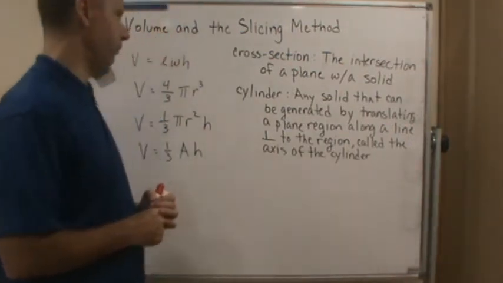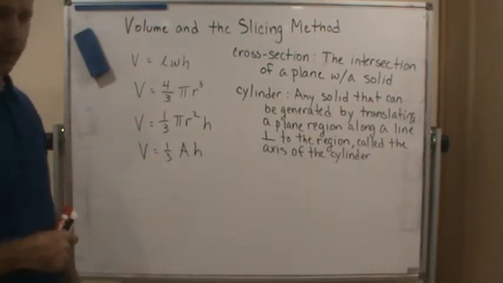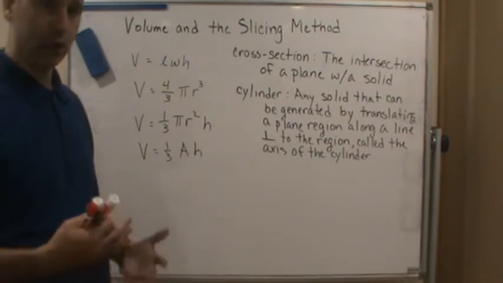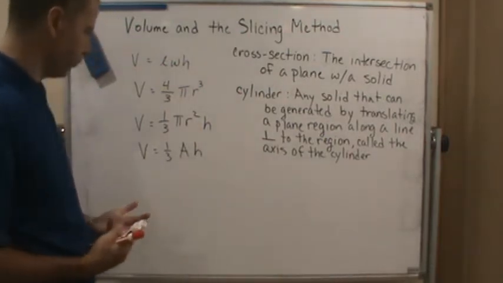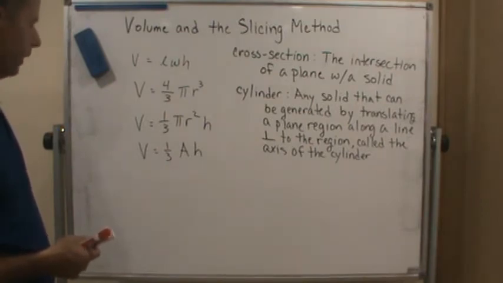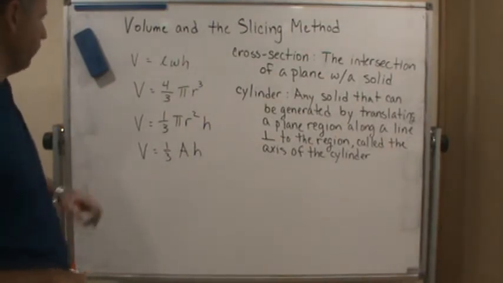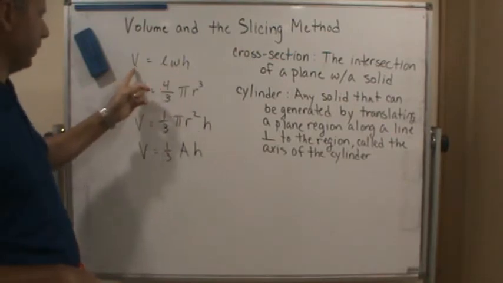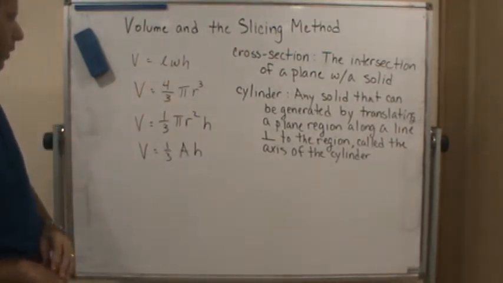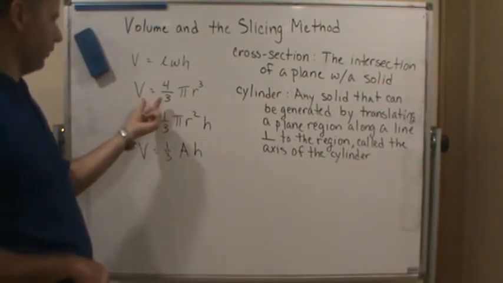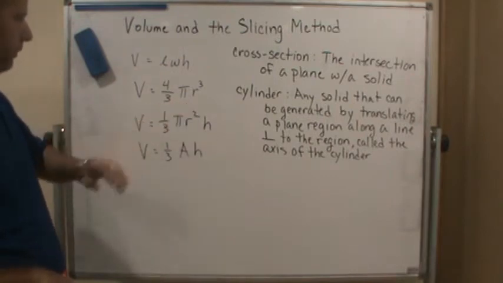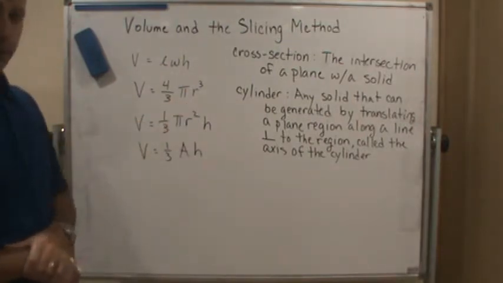And for volume, we have many different formulas that we've learned in geometry for finding the volume of a shape or figure, a solid. For example, we have here a rectangular prism. It is just length times width times height. Or we have the volume of a sphere, 4/3 pi r cubed.